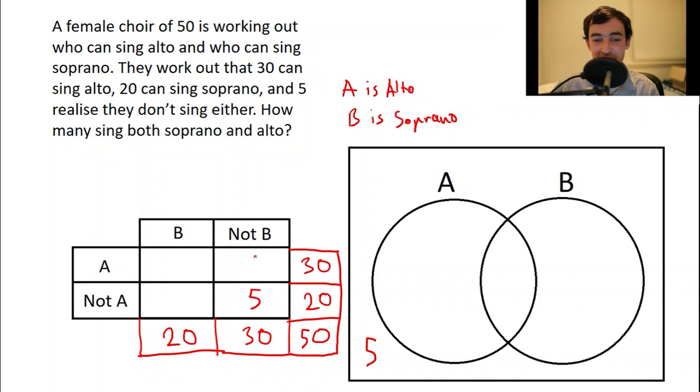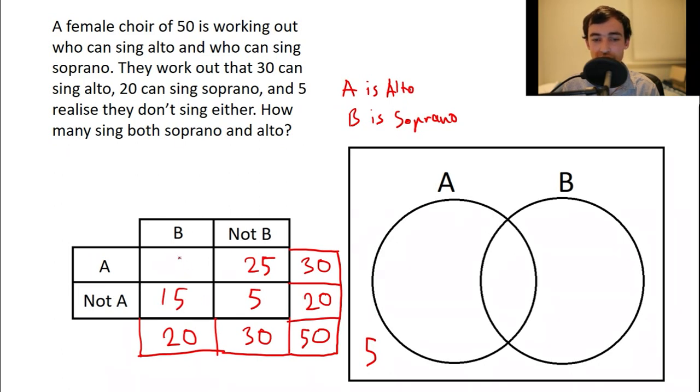And then I can think, because I know these two add up to give 30, so this section and this section. So what does this have to be? This has to be 30 minus 5, which is 25. I know that these two add up to give 20. Hopefully you're seeing how this works now. So I can just subtract 5 from 20 and I can write 15 in here.